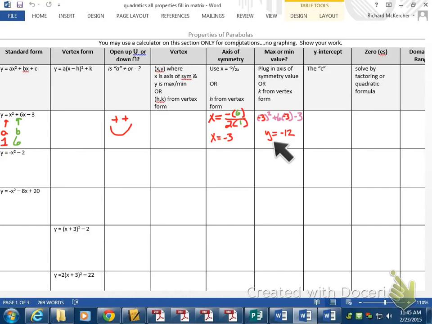Alright, now my question for you is negative 12 a minimum or a maximum value? Well, look over here at A. A faces up, so it has a minimum value right there at the very bottom. So this negative 12 must be a minimum.